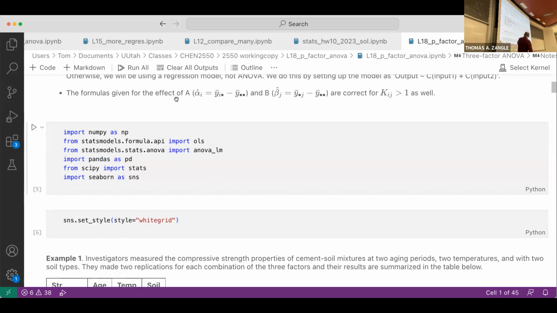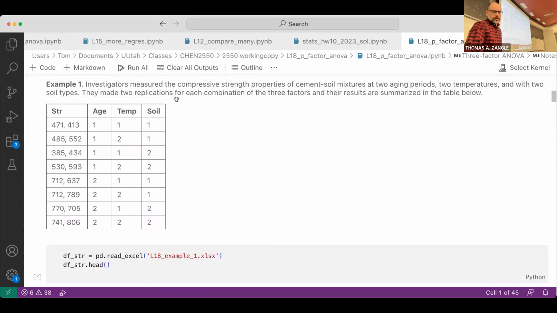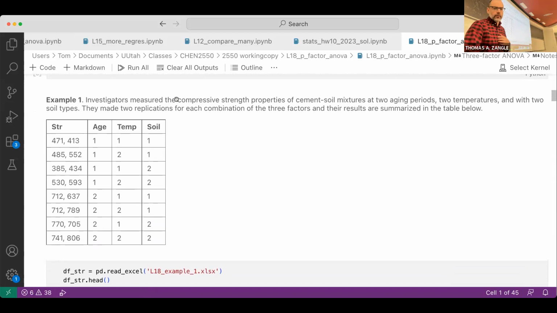We're using OLS again and the same ANOVA package in Python. So in this case, we're looking at an investigation of compressive strength of cement soil mixtures at 2 different aging periods, 2 different temperatures, and 2 different soil types.